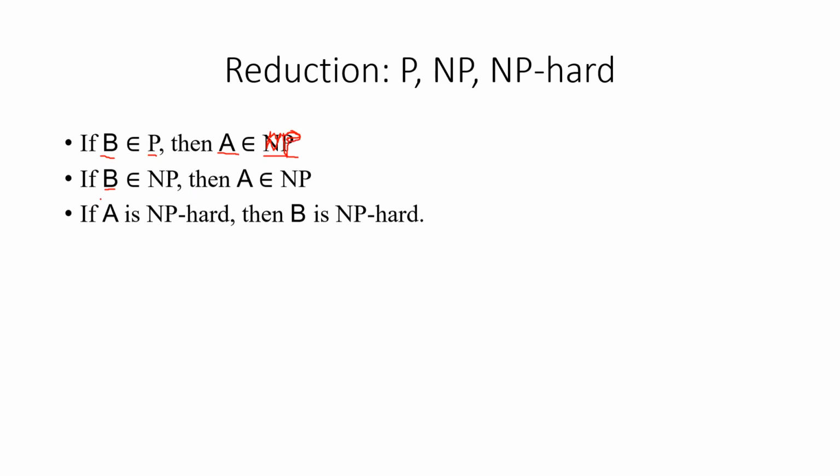If we have some problem B which is in NP, and if we are able to reduce it to the problem A, then it means that problem A also belongs to NP.